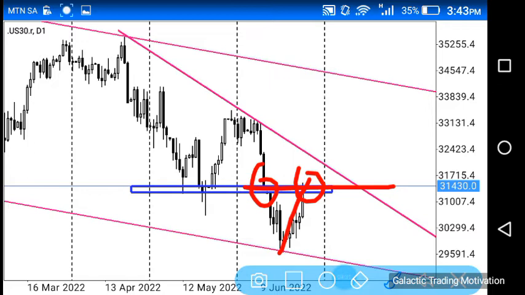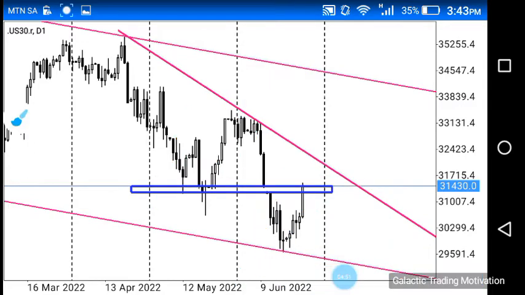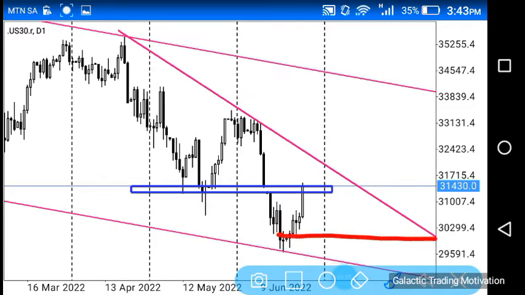And because we had an M structure here, and on the weekly chart I said I would love to see price come back here to retest the neckline of this M structure, we may see price actually moving further down. And the reason why I say so is because we also have this candlestick over here, which is a liquidity candlestick, and another one over here, which is also a liquidity candlestick, right?